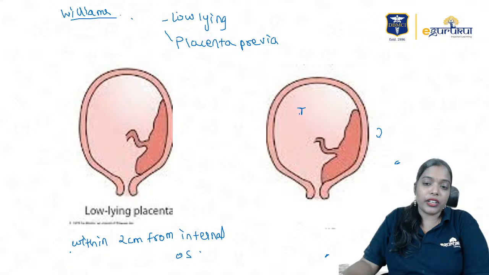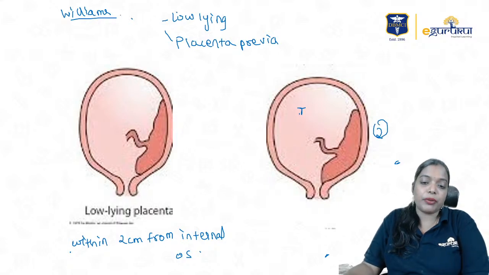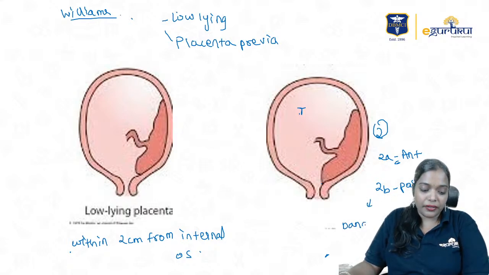Type 2, this is the older classification. Type 2 is marginal, placenta touching the internal os. You have 2A, which is anterior, and 2B, which is posterior. 2B is also called dangerous placenta previa.